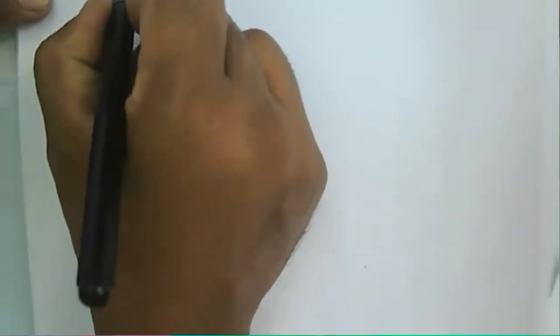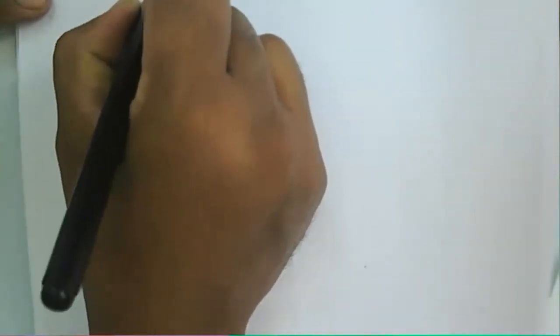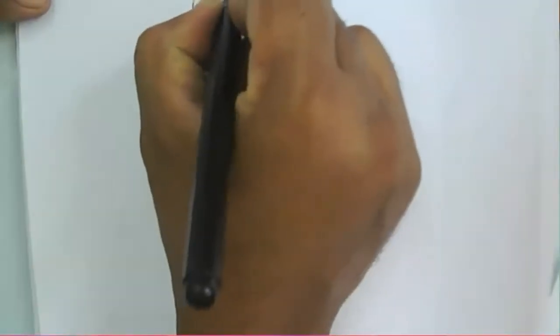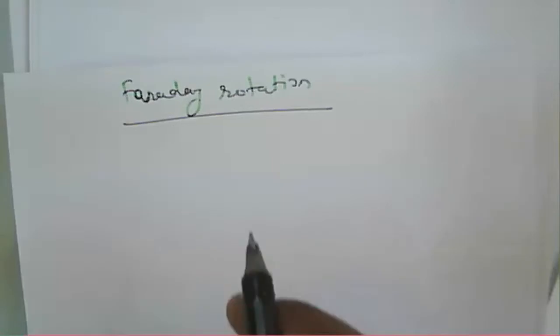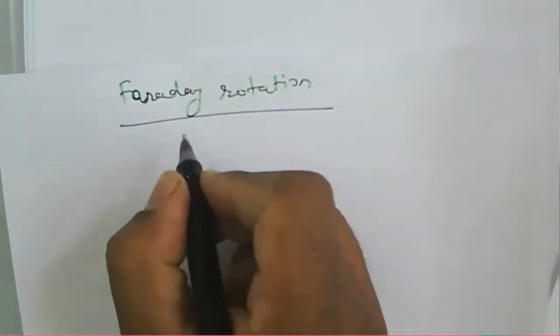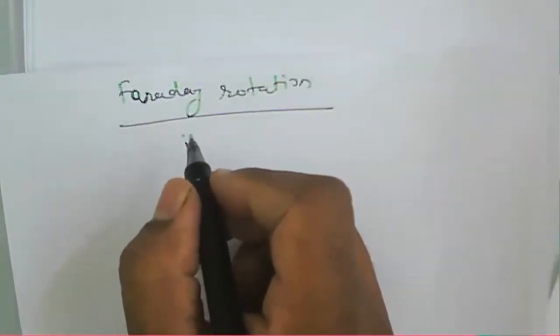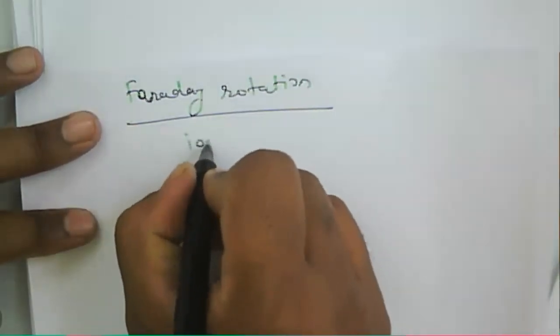Another, because of polarization, the phase shift changes. Why does this phase shift change? Because the signal is rotating there. When we transmit any signal, when it is propagating through the ionospheric layer, then what happens? The signal gets rotated because it is propagating through the ionospheric layer.